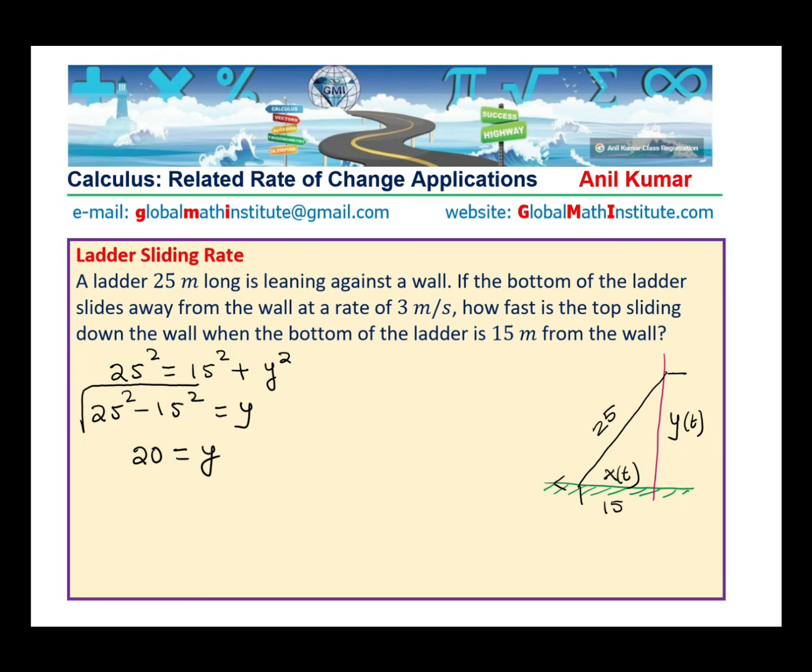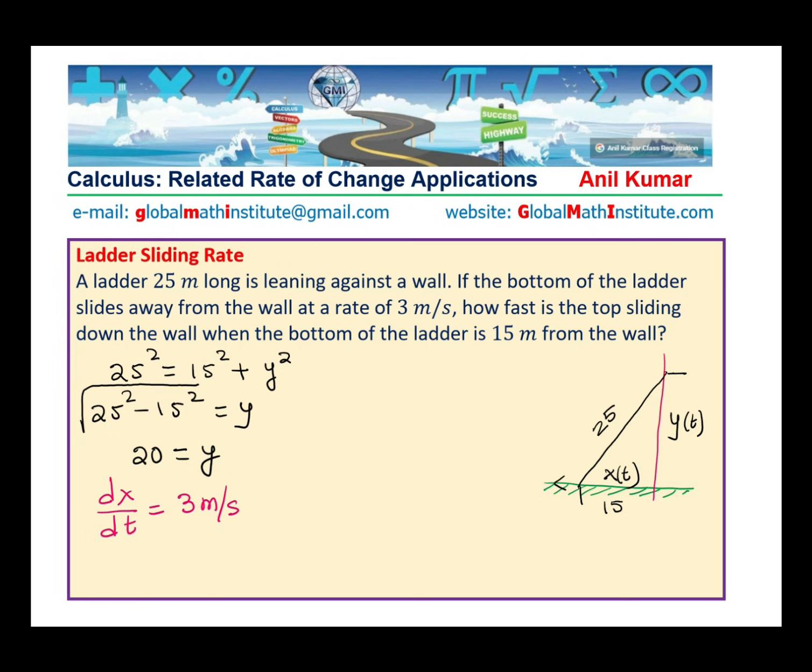rate of change. Now, in this particular case, we are given that the x value changes at the rate of 3 meters per second. The ladder slides away from the wall at the rate of 3 meters per second. So that means we are given that dx/dt is 3 meters per second.